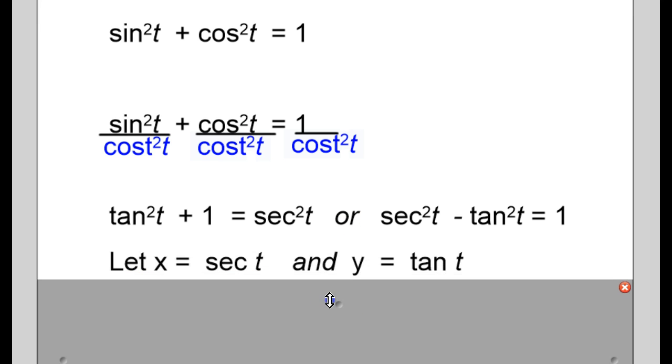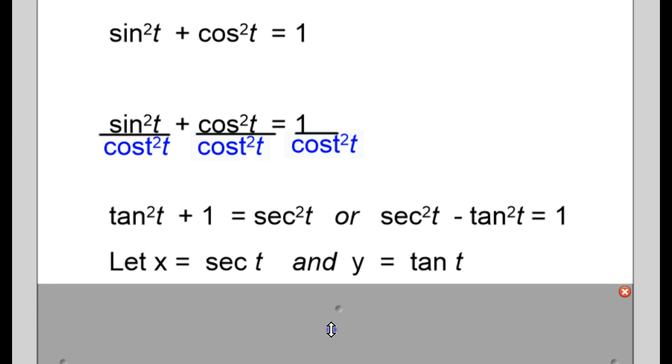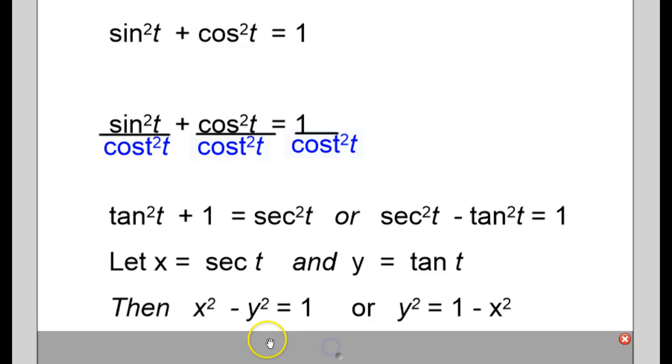If I let x be secant of t and y equal tangent of t, then I'm going to end up with something that looks very much like a parametric equation. And in this case, if I eliminate the t, then I get that x squared minus y squared is equal to 1.